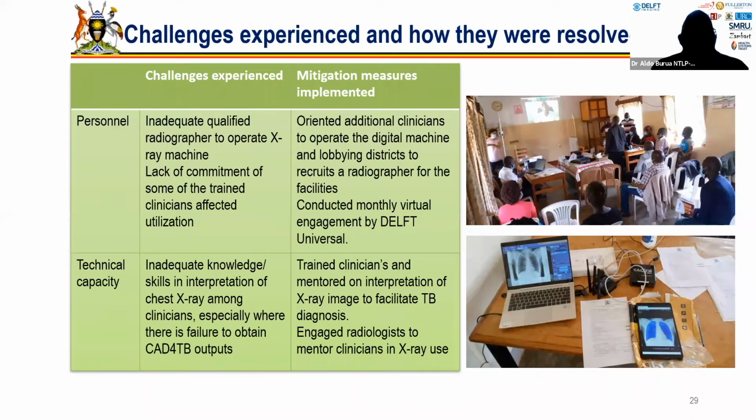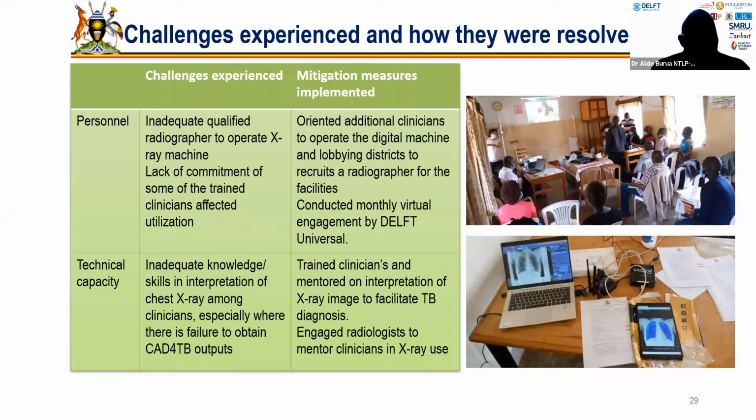Then the other challenge was around technical capacity in using the equipment, particularly inadequate knowledge and skills among the clinicians to interpret the X-ray images, especially where there's failure to obtain CAD4TB outputs. We need to appreciate that not all the X-ray screens we did were able to generate CAD outputs.